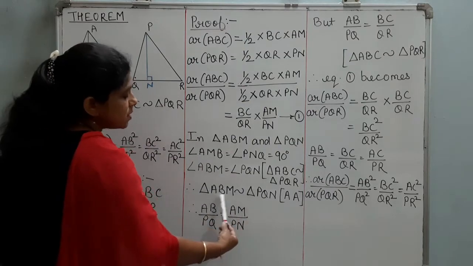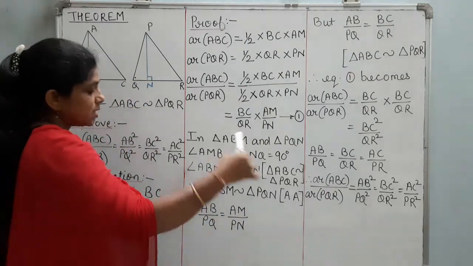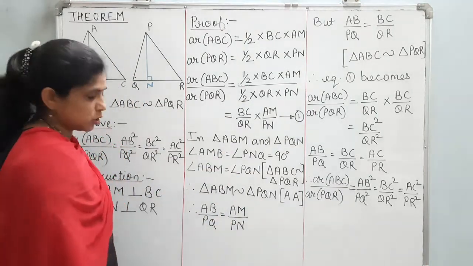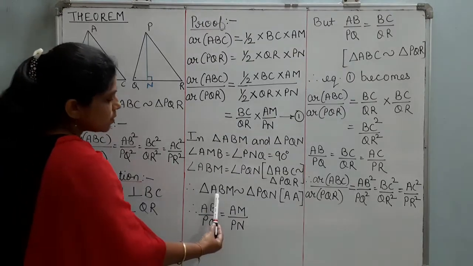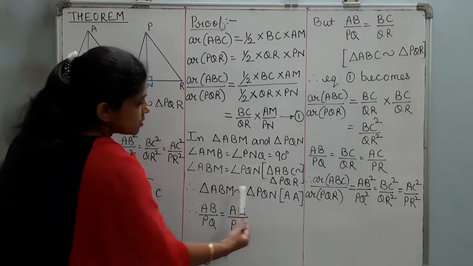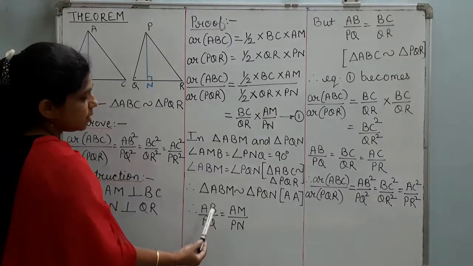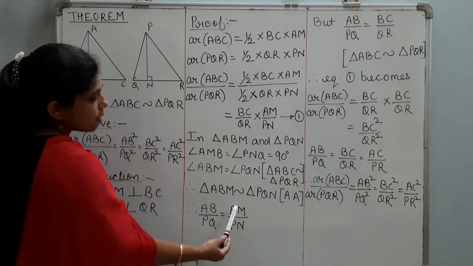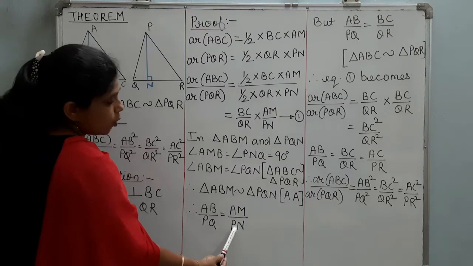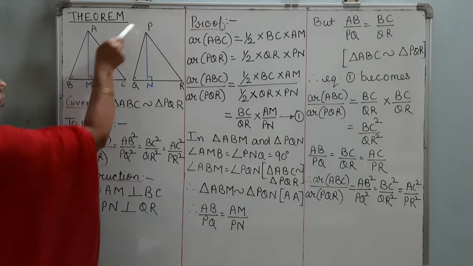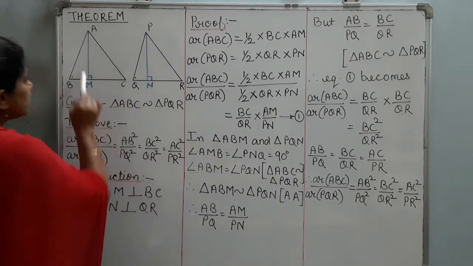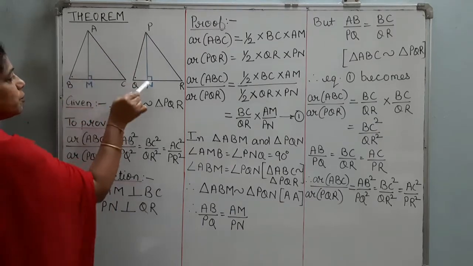When the triangles are similar, their sides are proportional. So from these two triangles, I will take only two proportional sides, that is AB upon PQ is equal to AM upon PN.